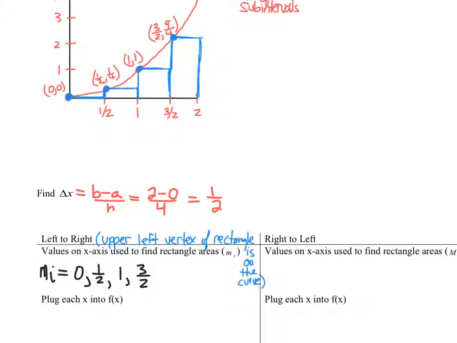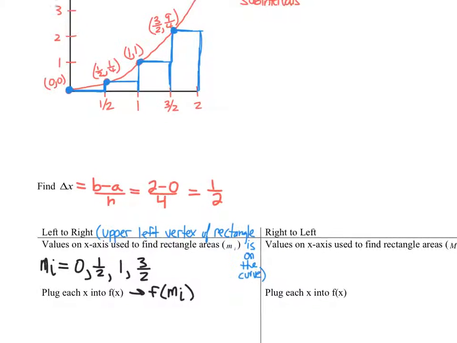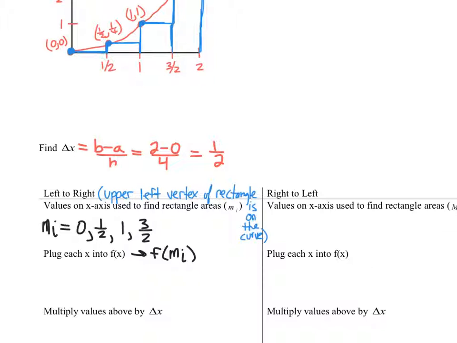Then we plug each of those x values into the function to get corresponding y values. So really what we're looking for is f of m sub I. We already figured those out when we plotted the points. So 0, 1/4, 1, and 9/4.